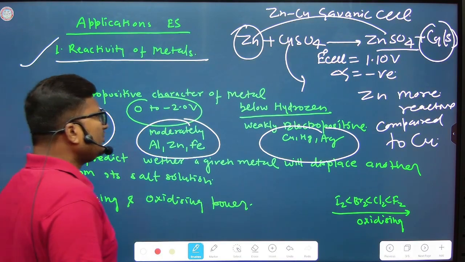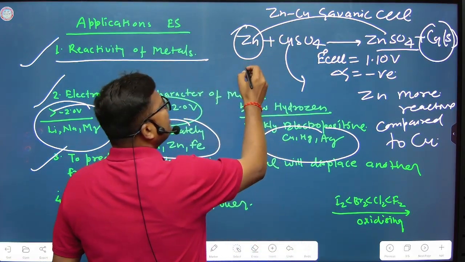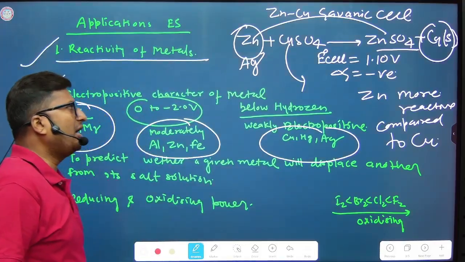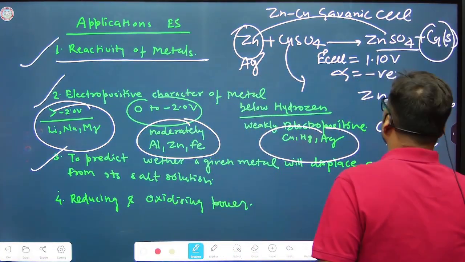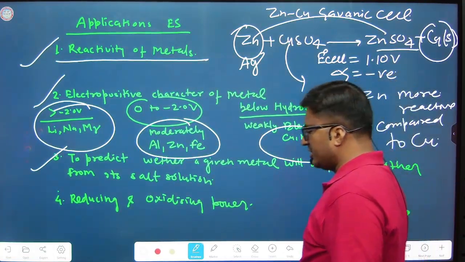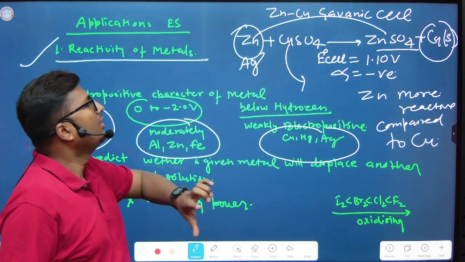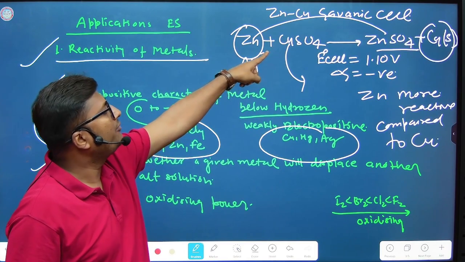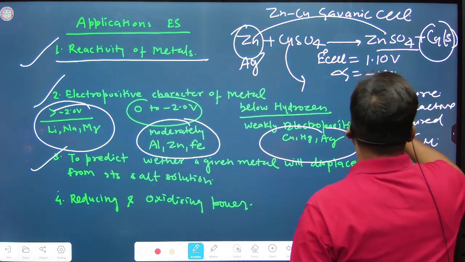Suppose in place of zinc, you add a silver wire, right? Then predict the possibility of the reaction. Silver is below copper in the electrochemical series, right? So silver is less reactive compared to copper. So silver can't displace copper from the copper sulfate solution to form silver sulfate and copper solid.